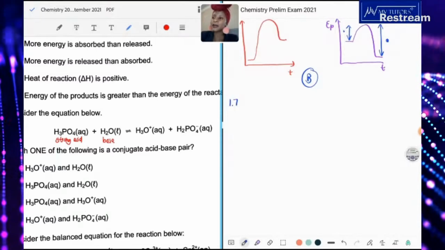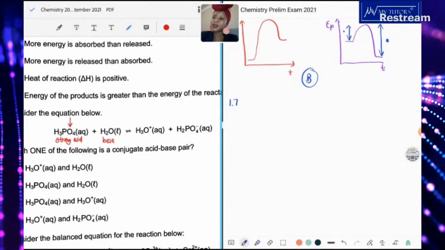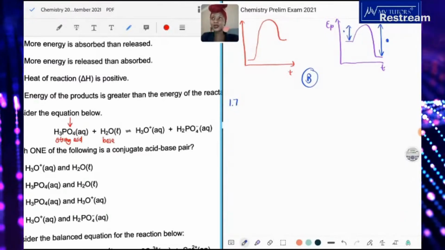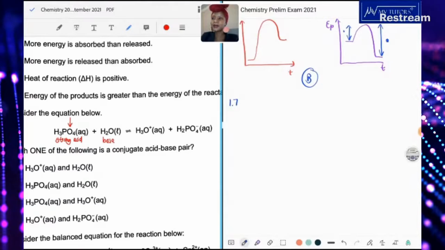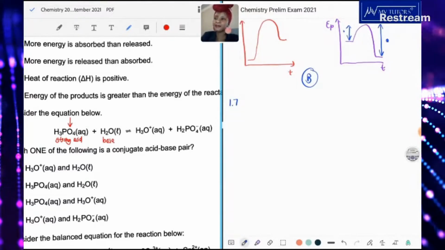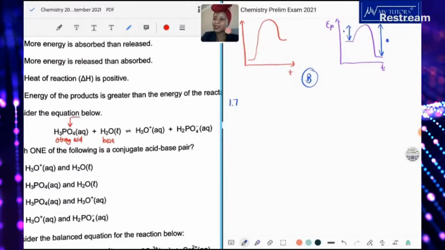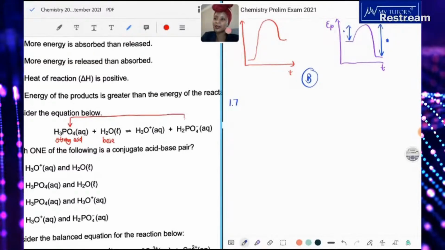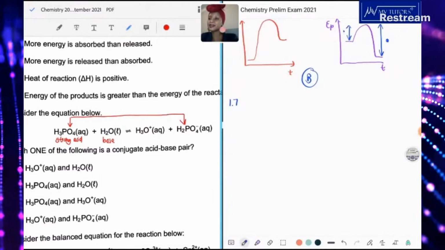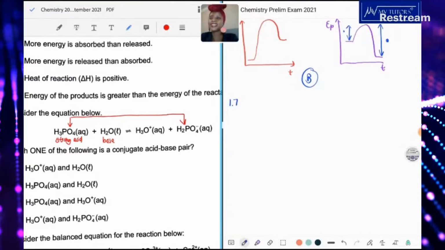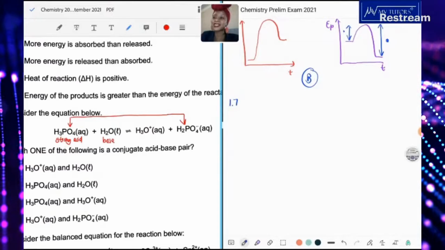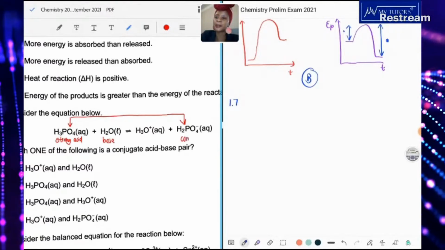So now, if we have an acid over here, its conjugate base, remember acids, according to the Bronsted-Lowry theory, are ones that donate protons. So it donates, and now it's left with 2. So if this is the acid, you now have this conjugate base.